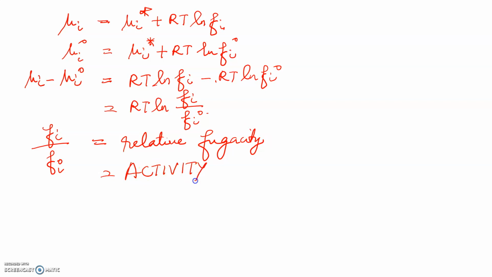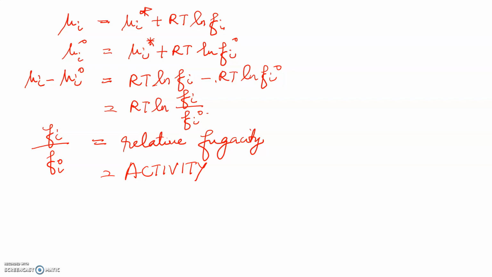Now, from fugacity, we are moving on to activity. So, what is activity? Activity is the ratio of fugacity of the component in solution to the fugacity of the component in standard state.